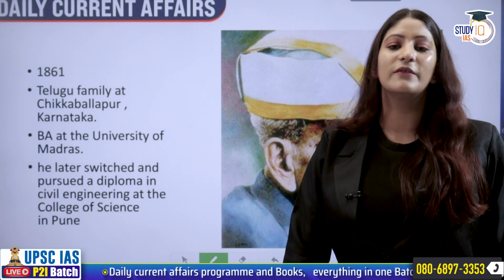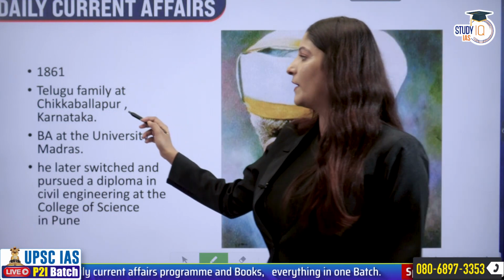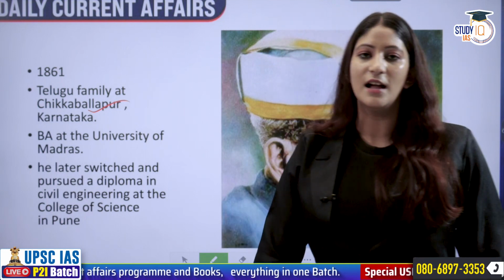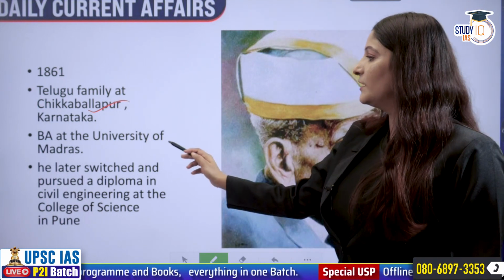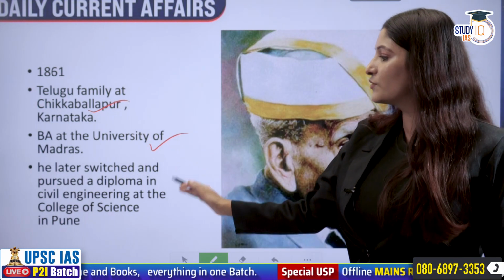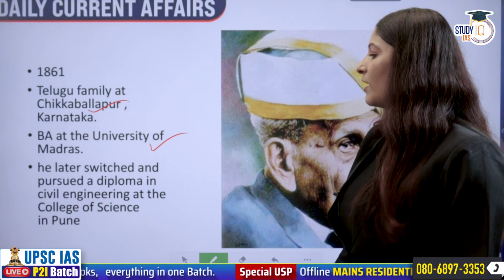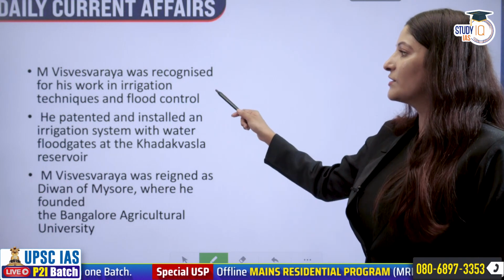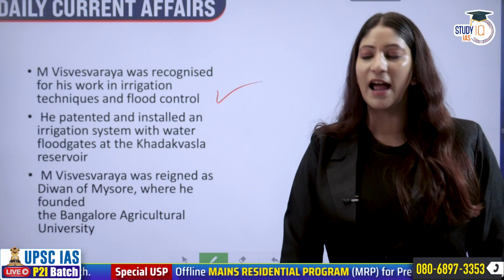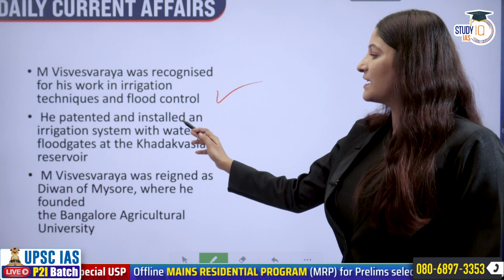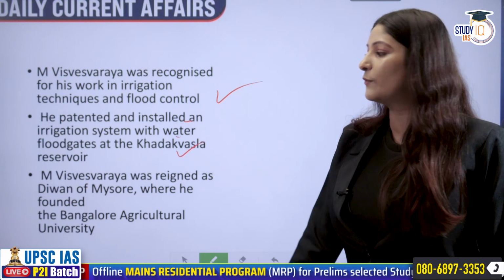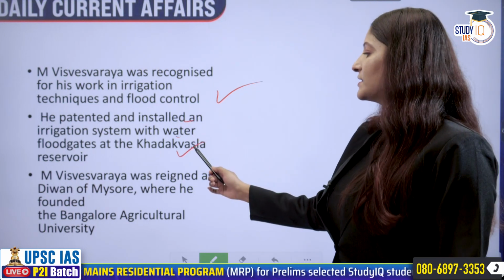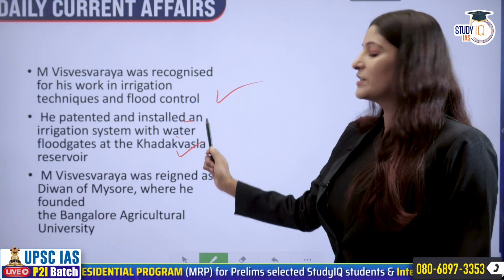1861 is the year in which he was born in a Telugu family at Chikkaballapur, Karnataka. He completed his BA at the University of Madras. Later, he switched and pursued a diploma in civil engineering at the College of Science in Pune. He was recognized for his work in irrigation and flood control. He patented and installed an irrigation system with water floodgates at the Khadakvasala reservoir in Pune.